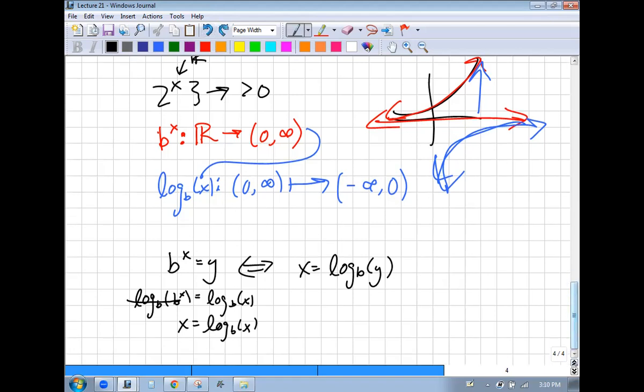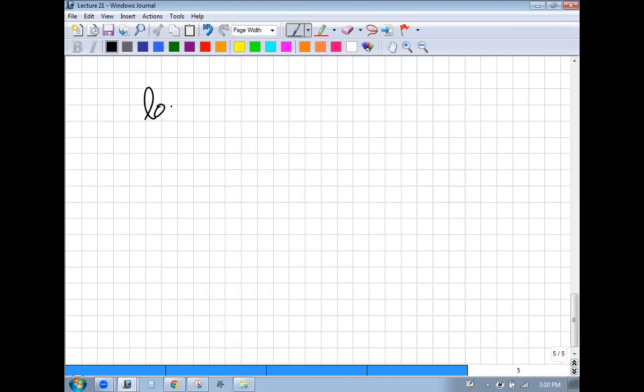So if I write something like this, log base 2 of 8, and I ask you, what is that? This is an exponent. This is the exponent you have to raise 2 to in order to get 8. So a way to do this, you could rewrite the 8 as a 2 cubed. Then the log base 2 and the 2 to the undo one another, and you get a 3.